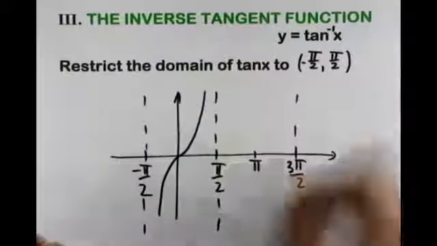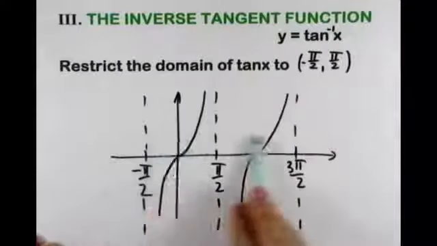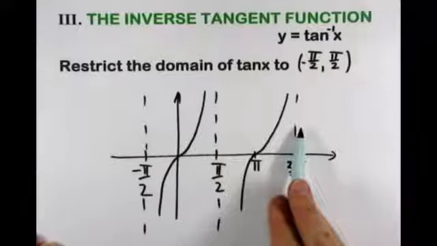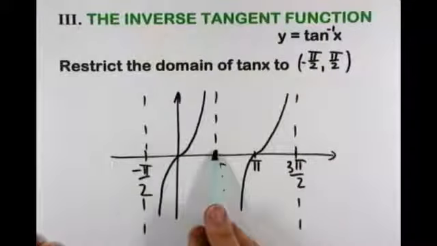In general, tangent is not 1-to-1 because a horizontal line crosses the graph more than once. So we restrict the domain to from -pi/2 to pi/2.